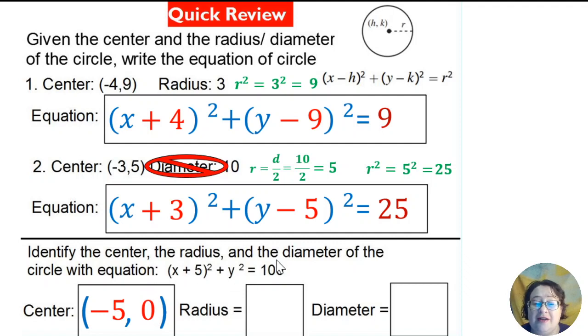Now, I remember that on the other side of the equal sign, that's r squared. So I know r squared is 100. To undo a square, I need to do the square root. The square root of 100 is 10. The diameter is twice the length of the radius, so I take 2 times the radius, or 2 times 10, and that gives me 20.